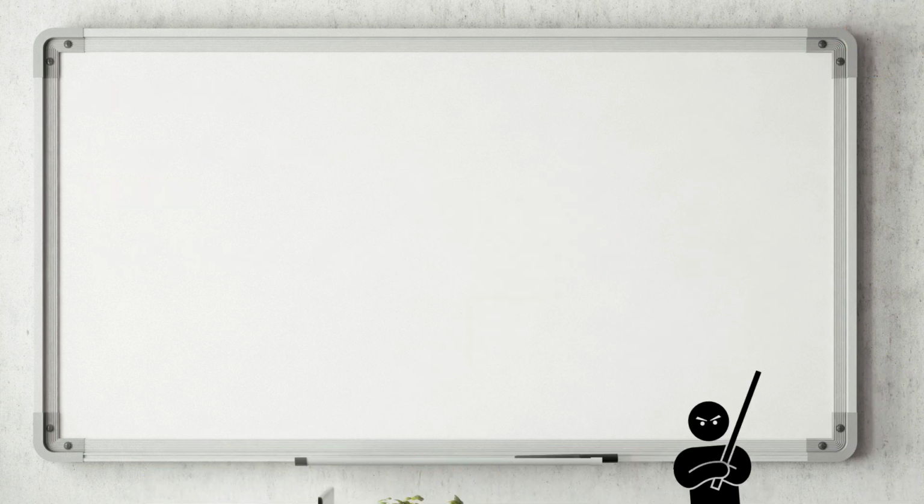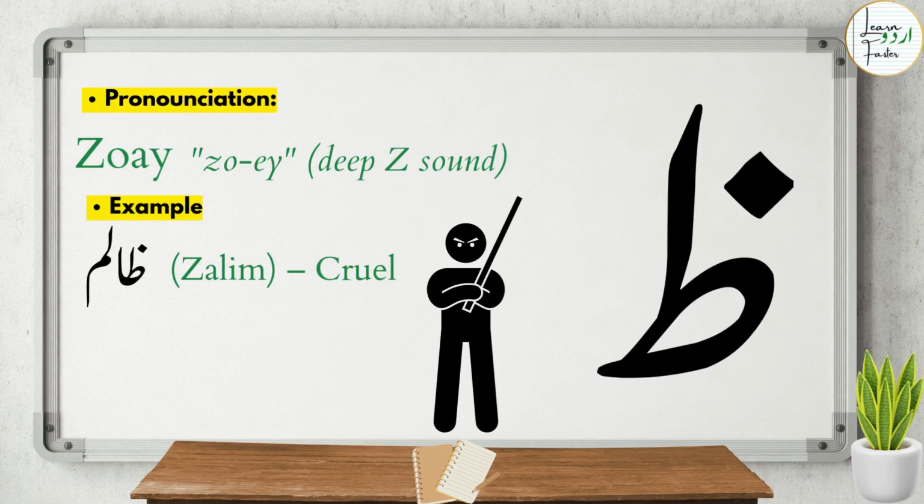Next alphabet is Zoe. A deep Z sound. Example word is Zalim, cruel. In Zoe, there is one dot, nukta, over it, and in Toy, there is no dot.